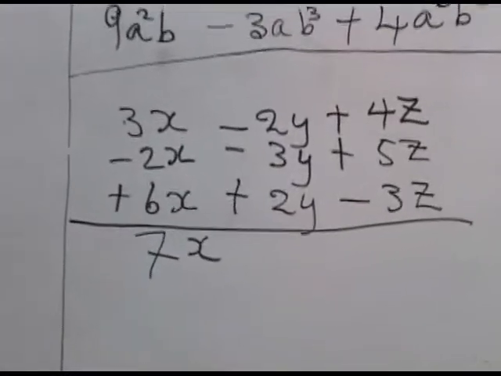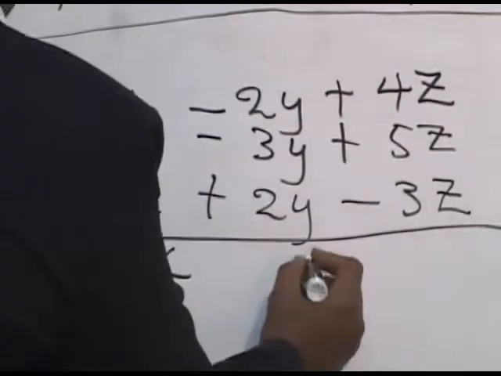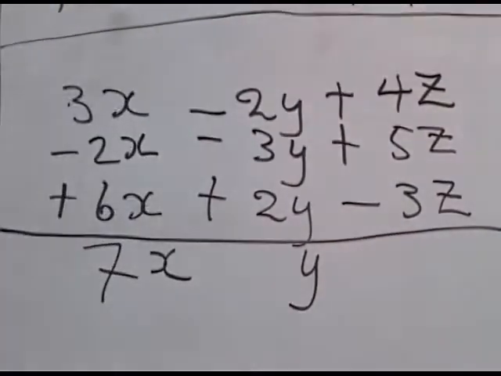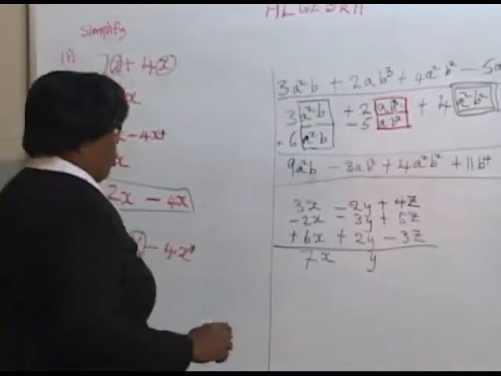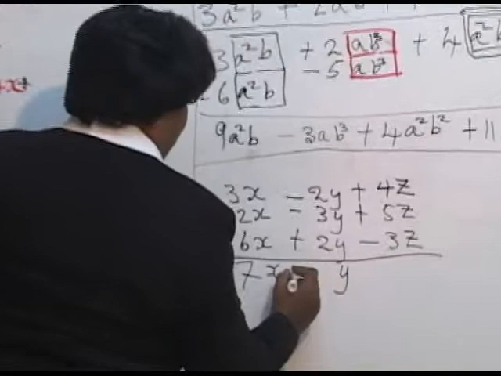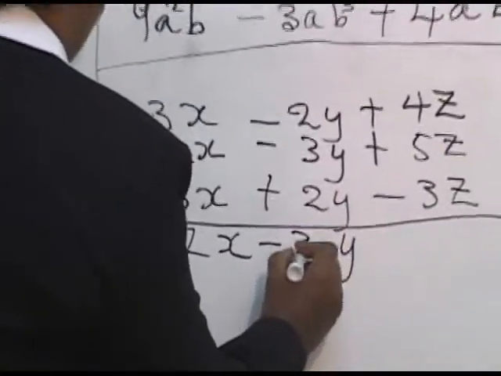Now we're looking at our y's and seeing what's happening here. So we have negative 2 and negative 3. So in terms of the negative family, we have 5 of them. And then these must be joined to a positive 2. Which number is greater? It is negative 5. And by how many? It is negative 3. So that is why this would have given us negative 3y here.